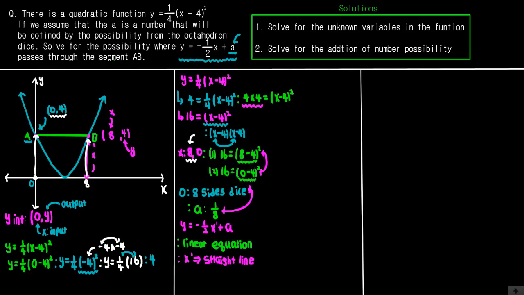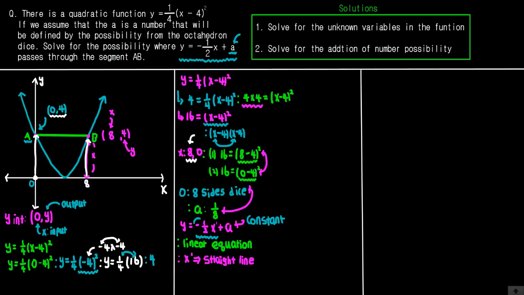And from the a, we can figure out that a is a constant value. We can figure out that there are going to be a large number of possibilities where negative 1 over 2 x plus a passes through our segment AB.